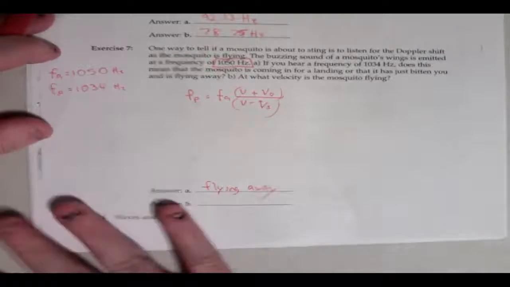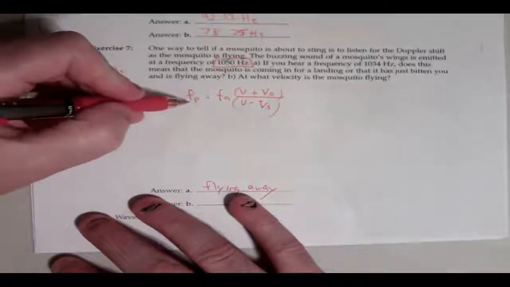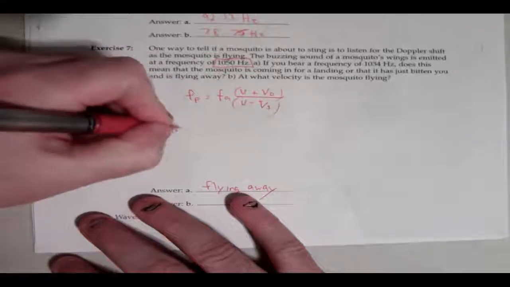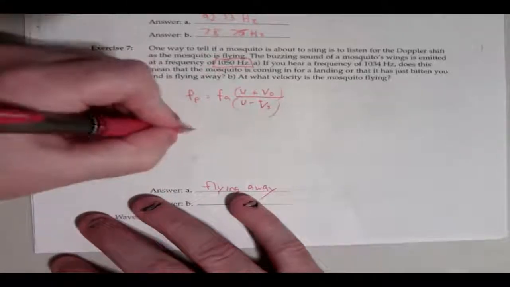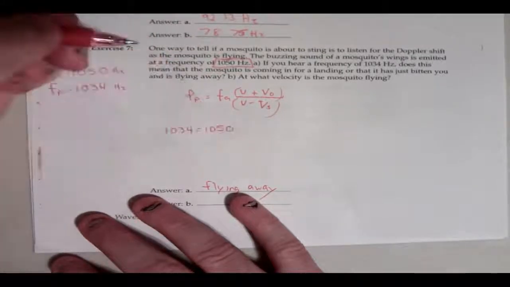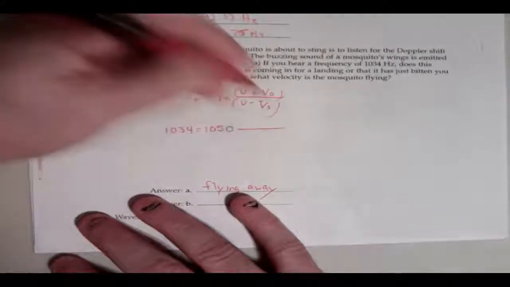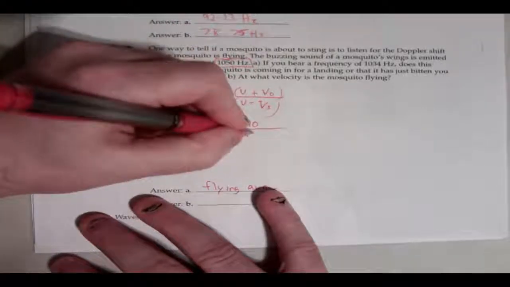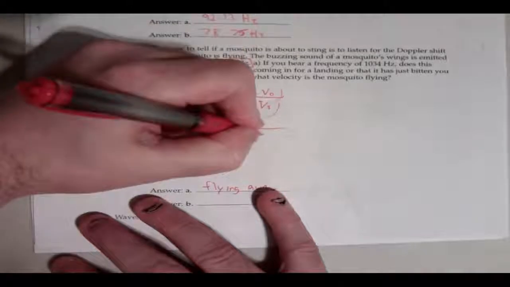Okay, so here we go. Let's plug in what we know. Cool, we know both frequencies. So the perceived frequency is 1034 equals the actual frequency 1050 multiplied by the speed of sound 340 plus minus.